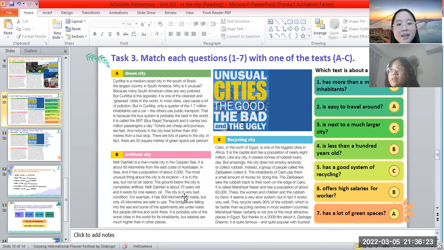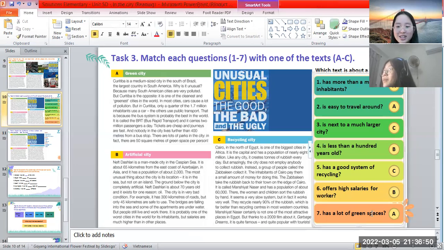So it mentions the salaries of the workers, and the salaries are much higher than other places. Can you see here the salaries? Okay, you understand? Great. So the answer for question number 6 is B. Because you are silent, I don't know whether you understand or not.